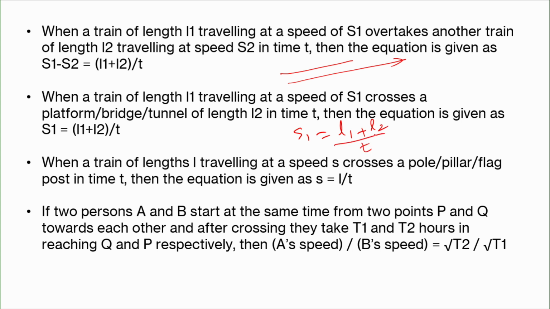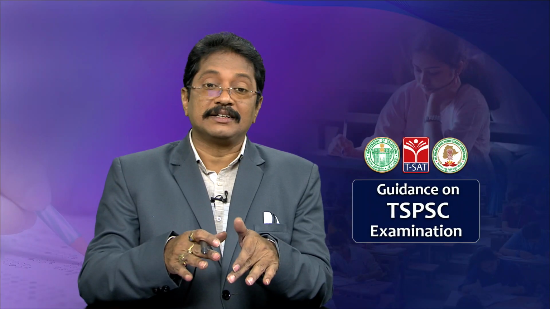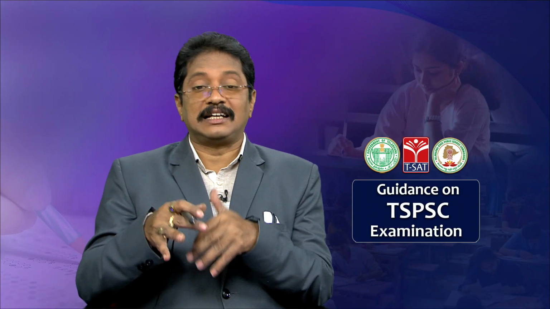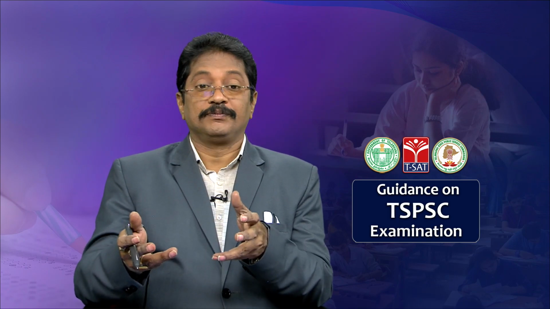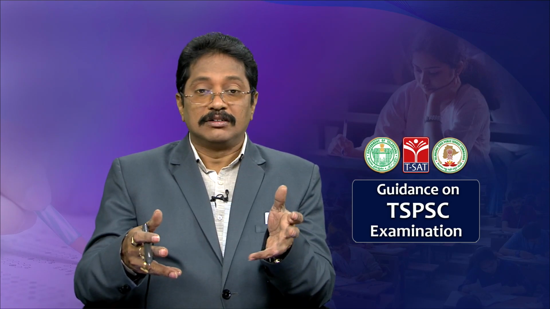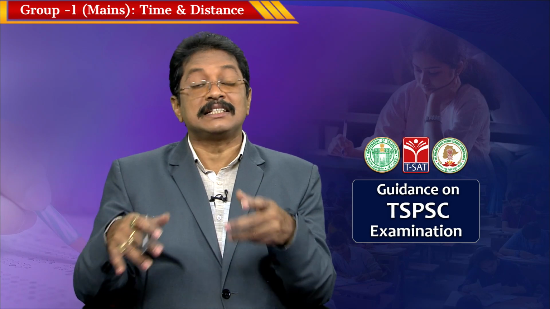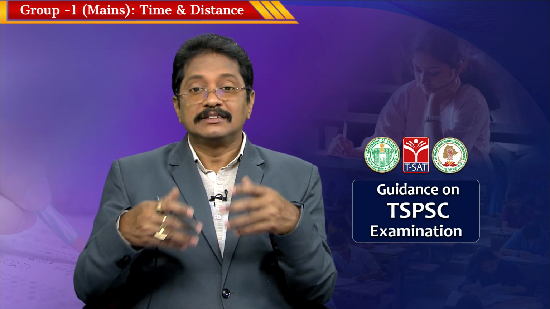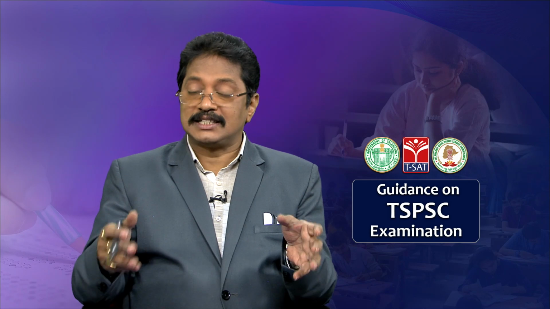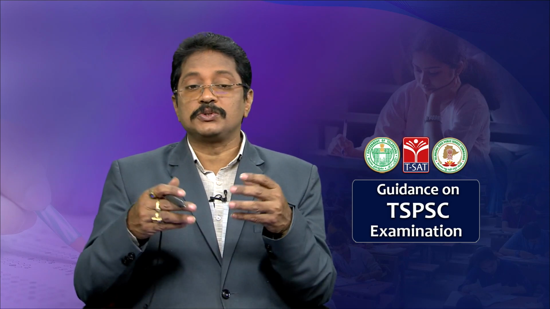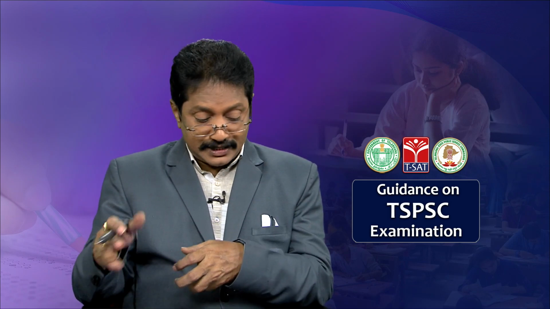Here there are not two trains, only one train. That train has length L1 and speed S1. It crosses maybe a platform, maybe a bridge, maybe a tunnel. The tunnel or platform or bridge length is L2, for example. Then the equation is simply S1 is equal to L1 plus L2 by t.